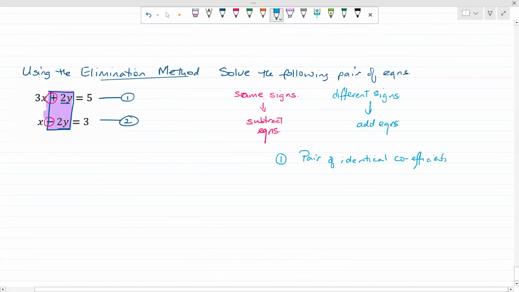If you find that too confusing, identical terms. What I mean by that: 2y, 2y. If I had 4x, 4x, or 10y, 10y, they must be the same. We're just talking about this for now, the numbers, the coefficients. After we identify that, the next thing we're going to look at are the signs on these terms.